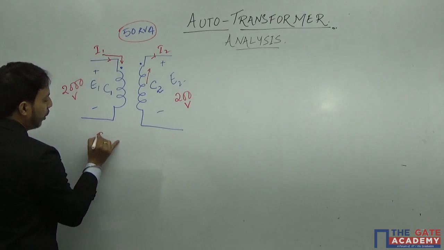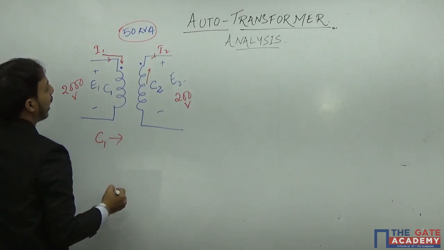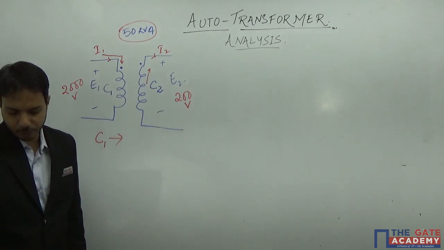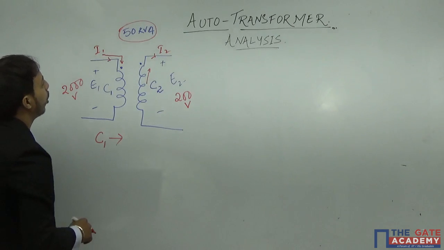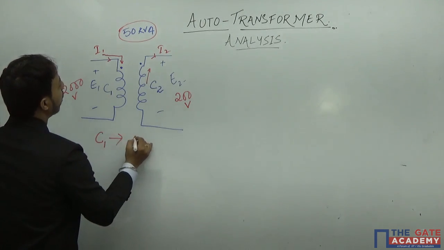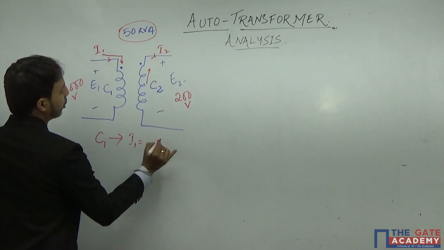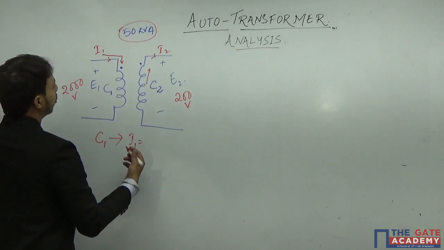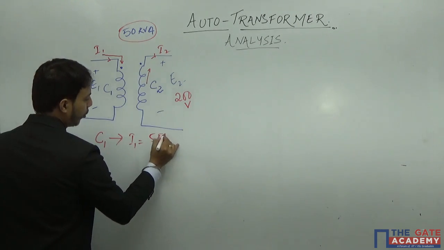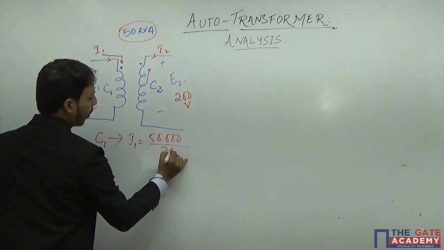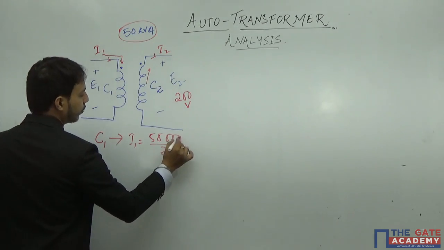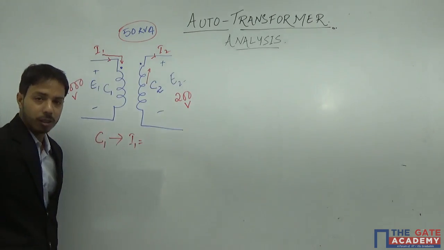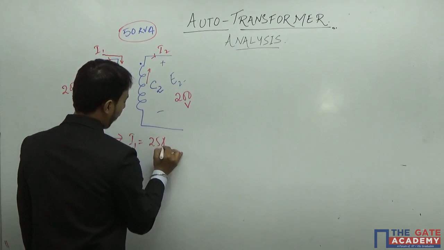So coil 1 will have a current I1 equal to 50 kVA divided by 2000, which is 25, so directly we can write it as 25 amps.